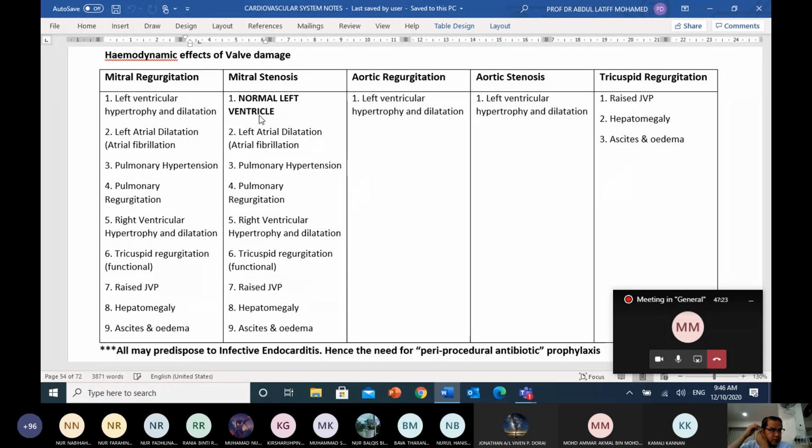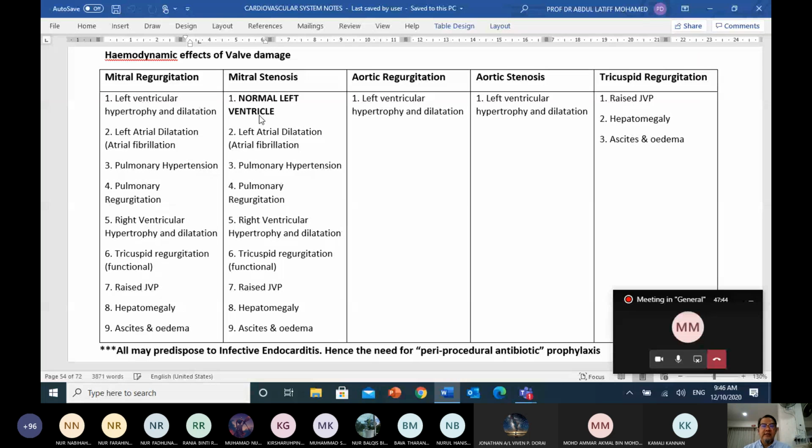Okay, the next thing I mentioned was in patients who have aortic regurgitation, they can have left ventricular hypertrophy and dilatation, but the rest of the heart is saved by the mitral valve. Okay, the mitral valve protects the rest of the heart.